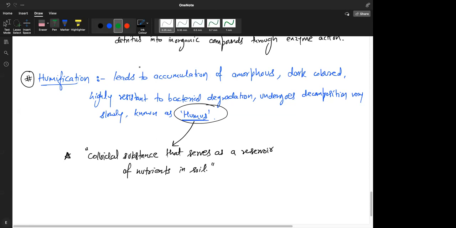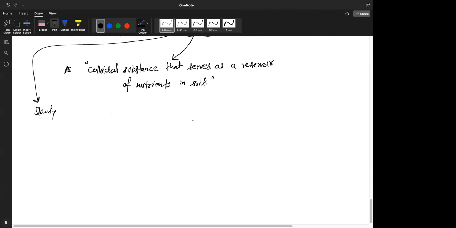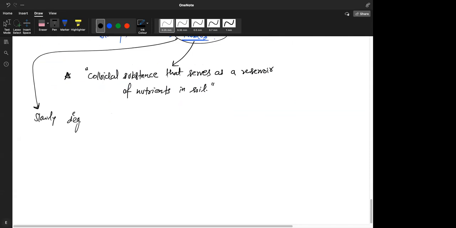The last thing that I'm going to tell you is that this humus, you can write down, can be slowly degraded by certain special bacteria and microbes into inorganic substances, or minerals.